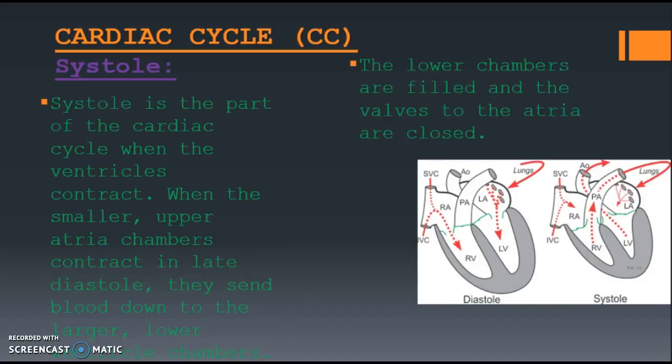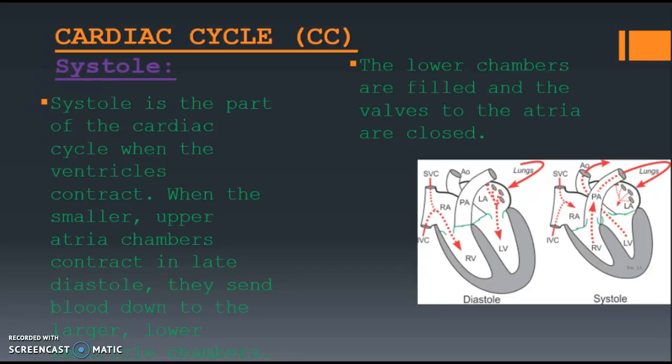Systole represents the time during which the left and right ventricles contract and eject the blood into the aorta and the pulmonary artery. During systole, the aortic and pulmonary valves open to allow ejection into the aorta and the pulmonary artery.